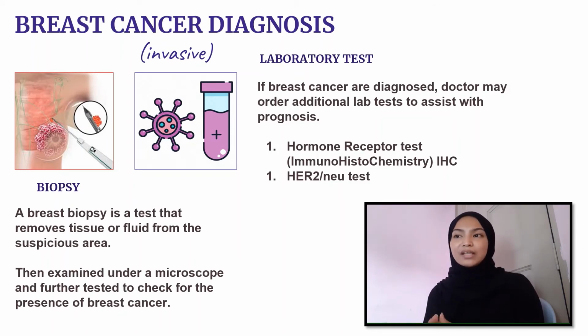This test is often ordered in conjunction with the hormone receptor test. It can be performed using the biopsy sample, or if there is no biopsy sample, they can use a blood test.